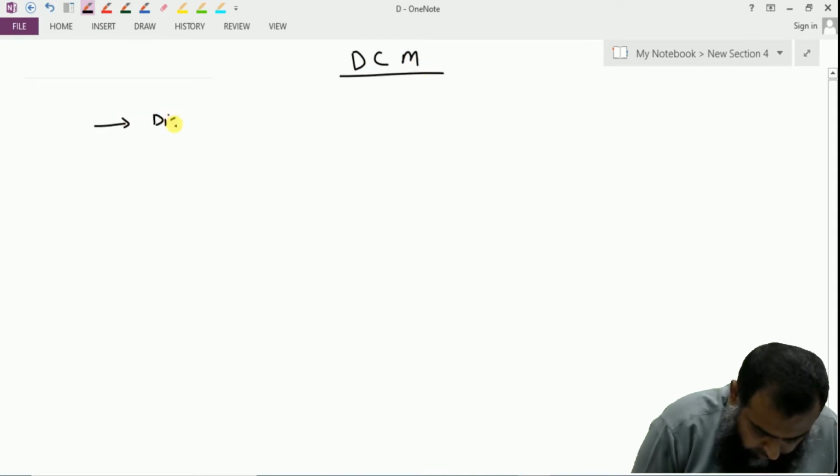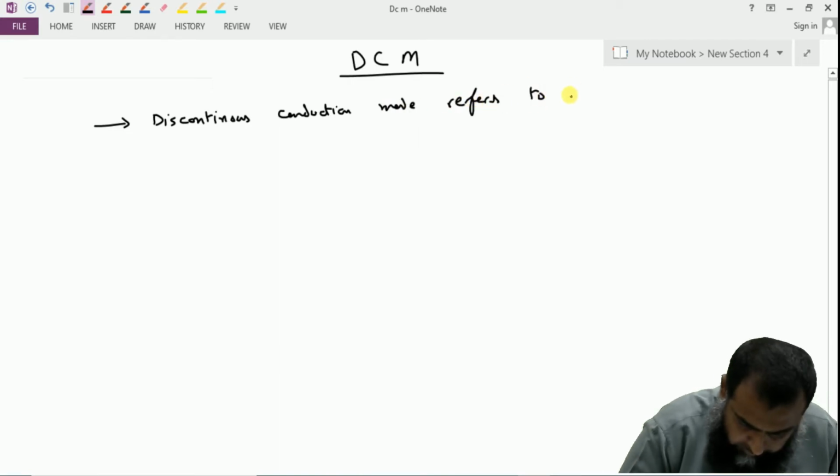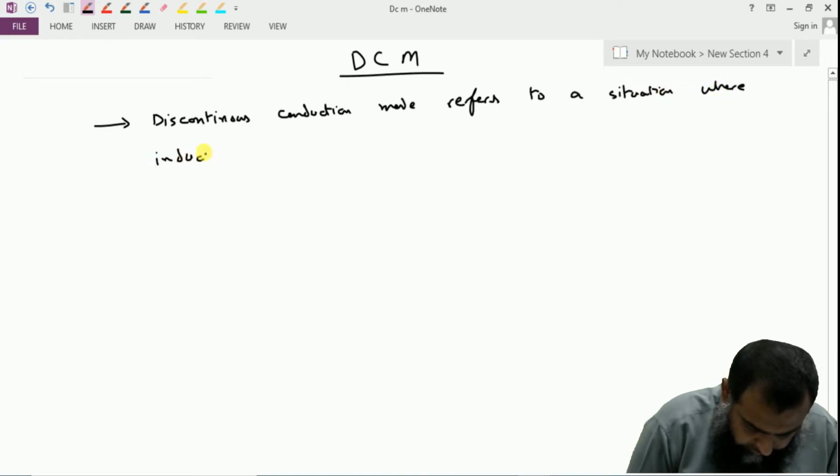Discontinuous conduction mode refers to a situation where the inductor current becomes zero.